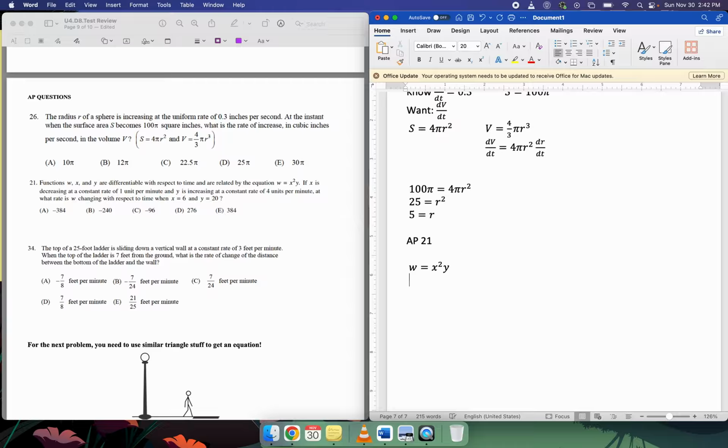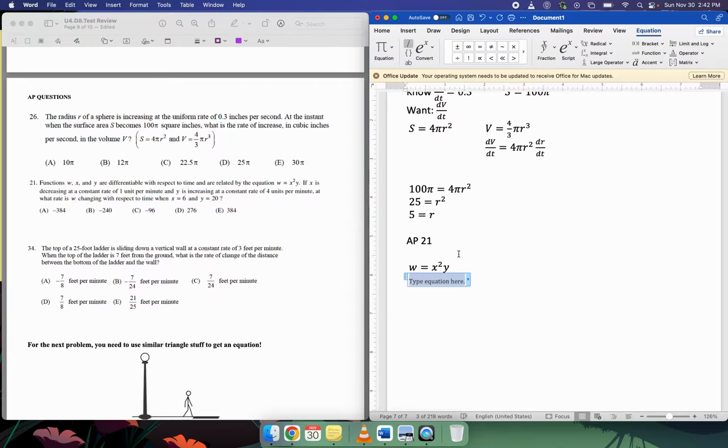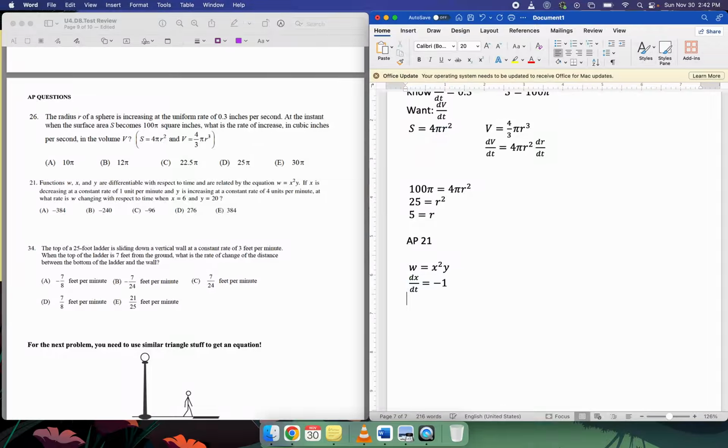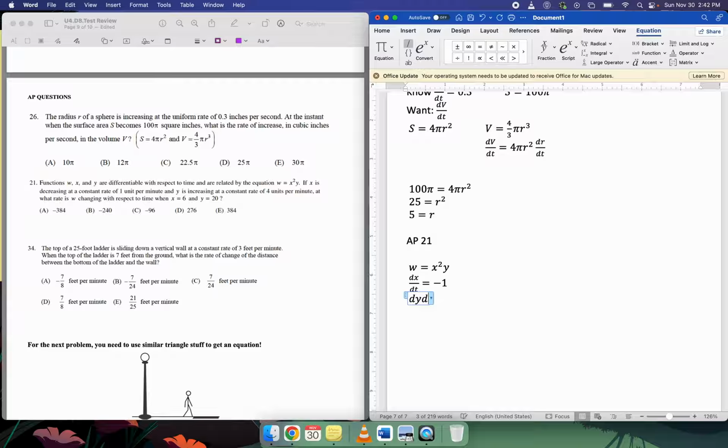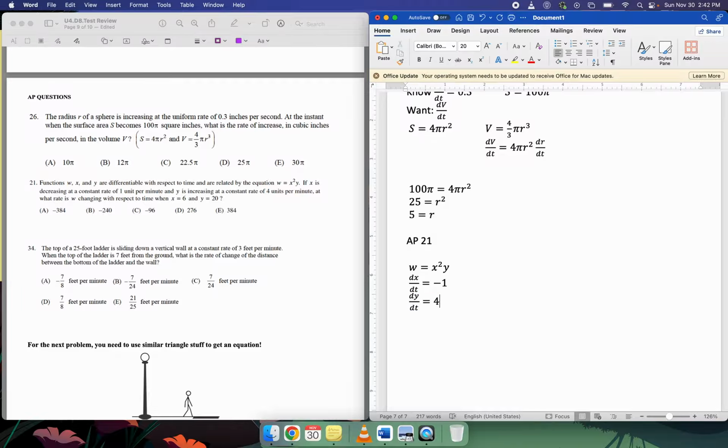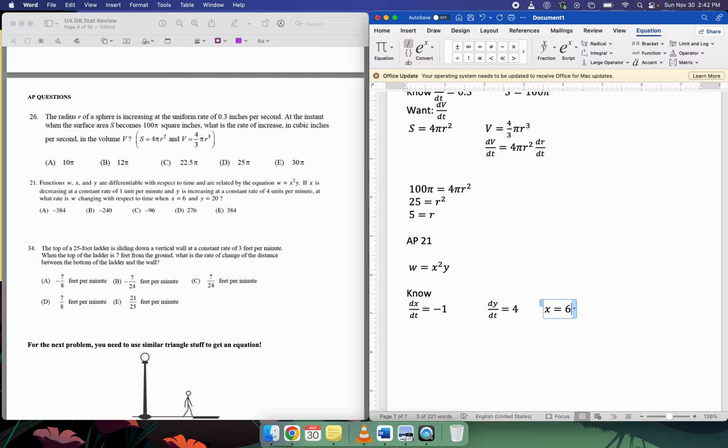And it tells you that x is decreasing at a constant rate of 1 unit per minute. So dx/dt is -1 because it's decreasing. And y is increasing at a constant rate, so dy/dt is 4. At what rate is w changing with respect to time when x is 6 and y is 20? So I know these two things here, and I also know that x is 6 and that y is 20.